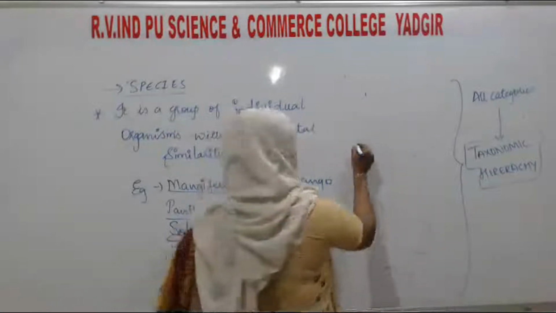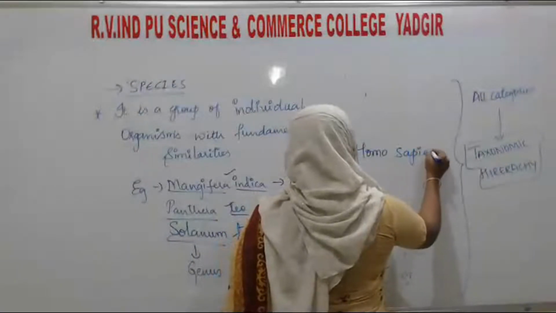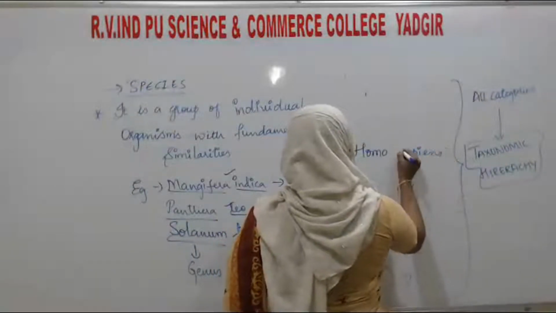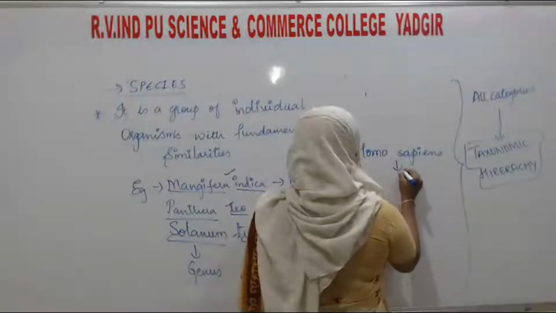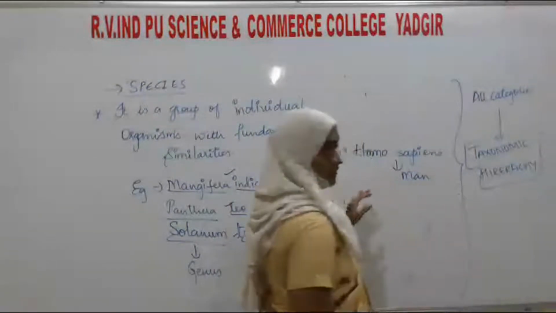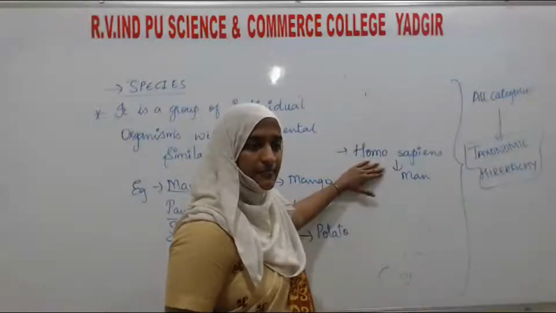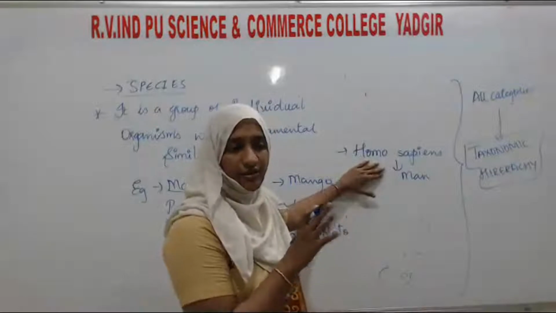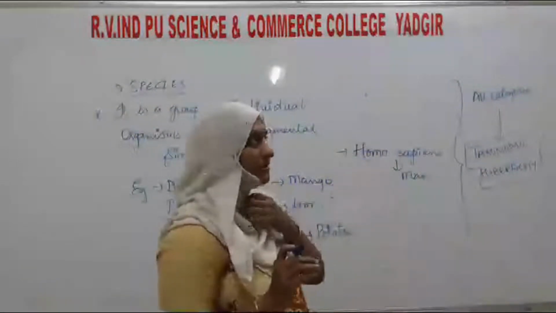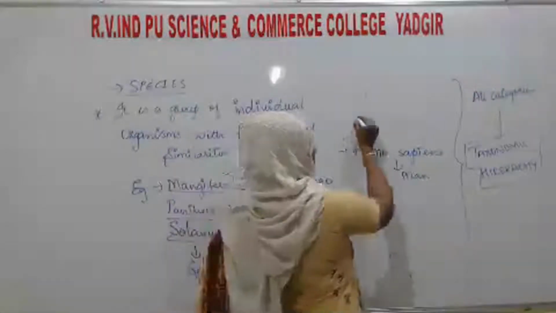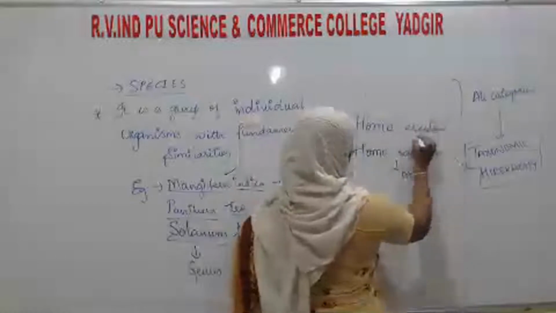Homo sapiens. One more example, Homo sapiens. Here, Homo sapiens means man. Before Homo sapiens, another man was existing on this earth, and the name of that man, one example we can take, is Homo erectus.